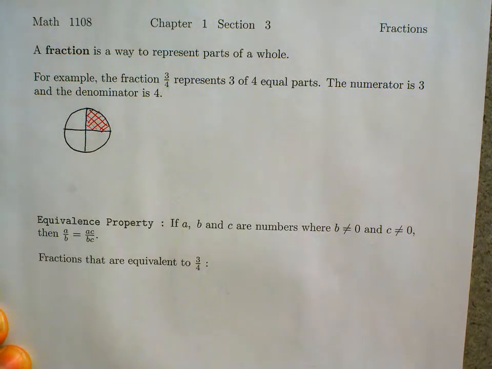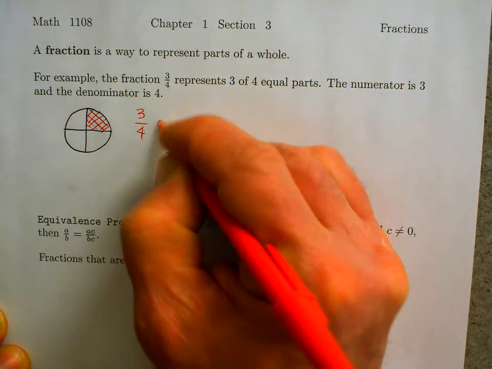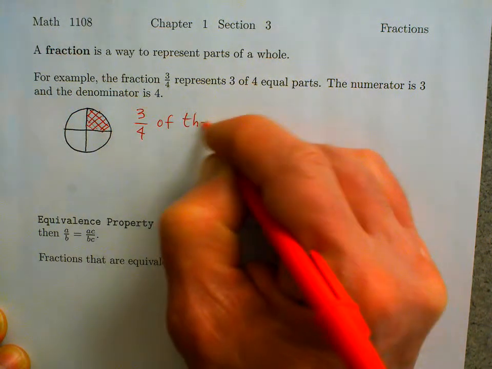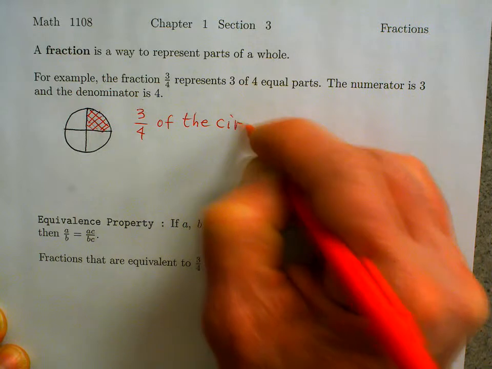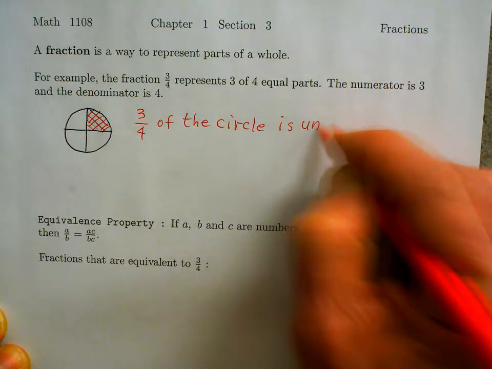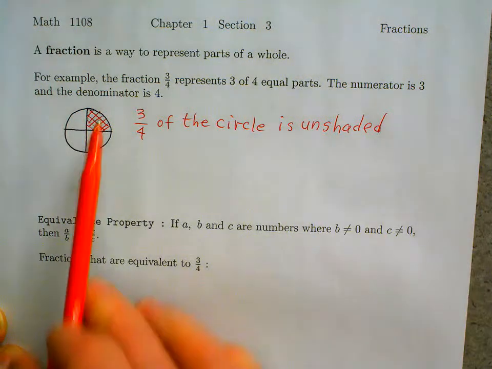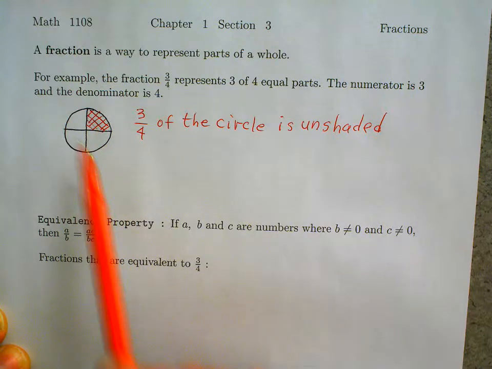So we could say that 3/4 of the circle is unshaded. In other words, out of the 4 equal parts, 3 of them are not shaded.